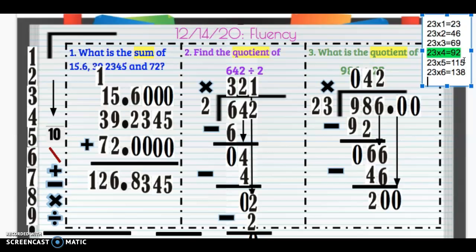I'm going to keep going until I get close without going over. So 23 times 7 is 161.